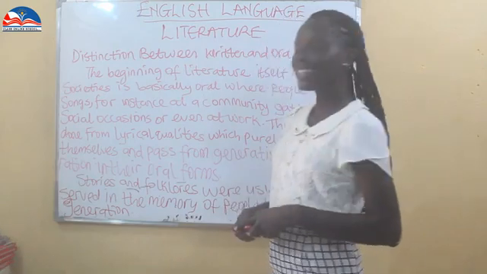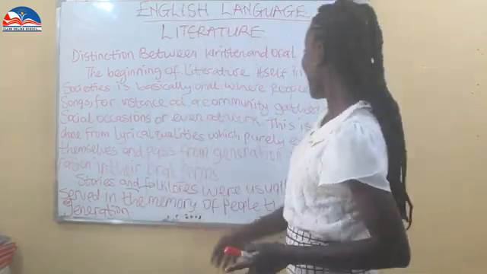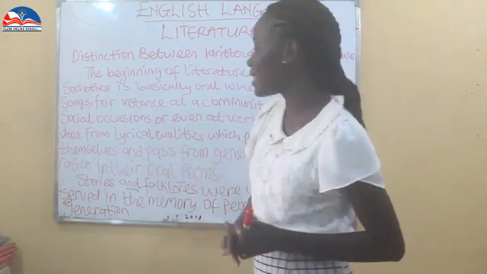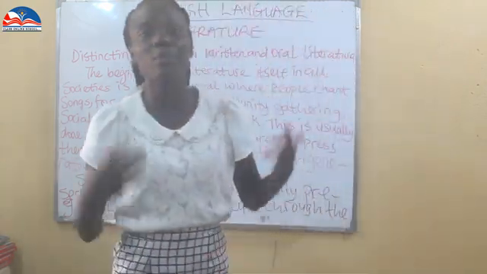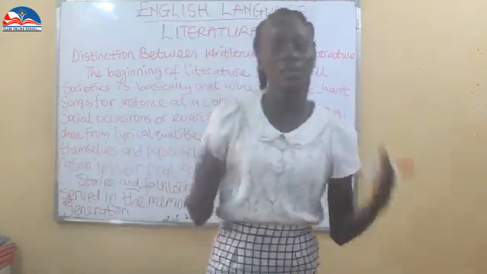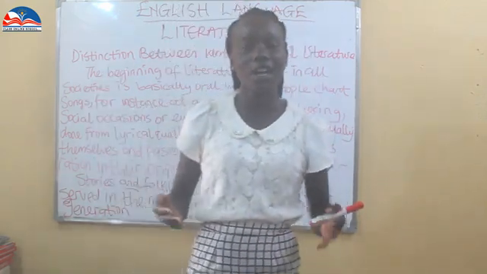Oral literature is usually passed from generation to generation. Stories and folklores are usually preserved in the memory of people from generation to generation. When we are talking about folklores, we are talking about traditional stories.